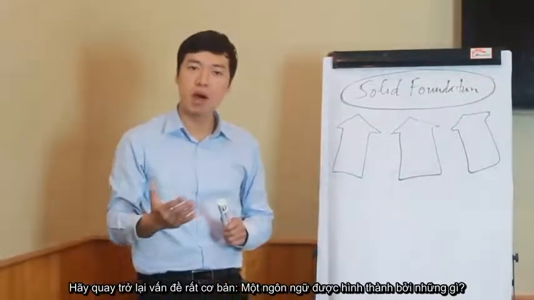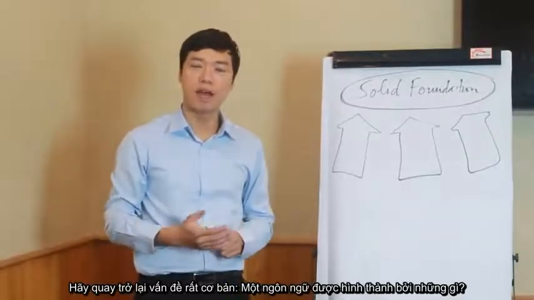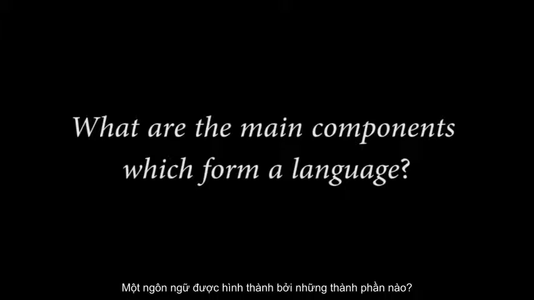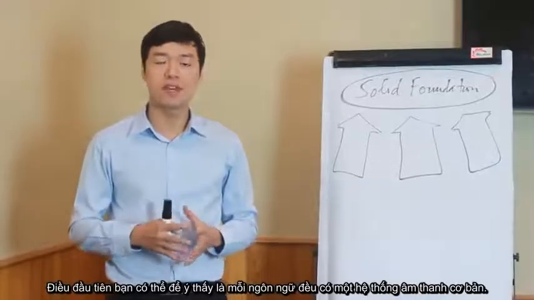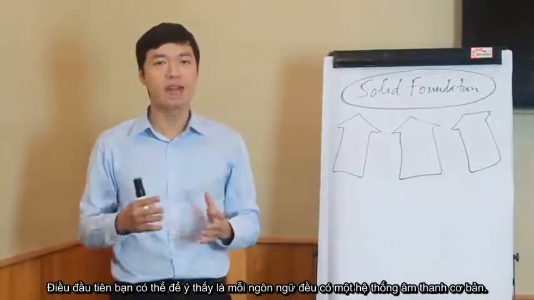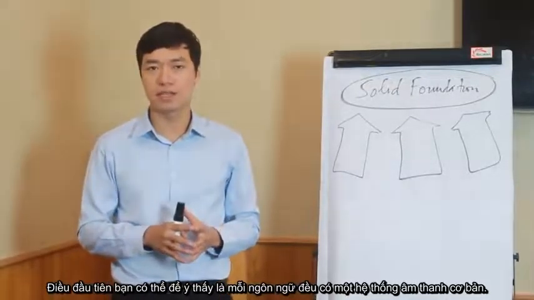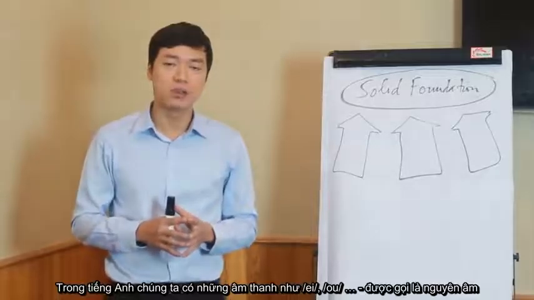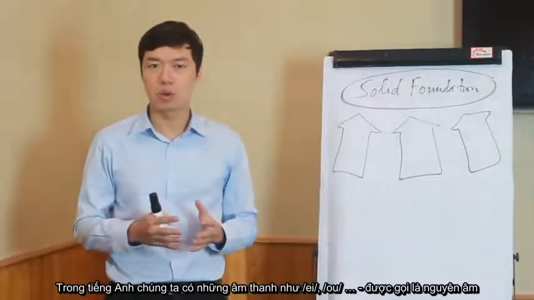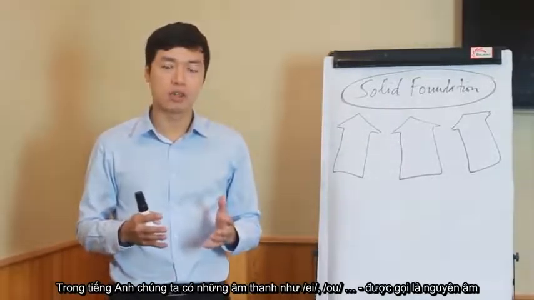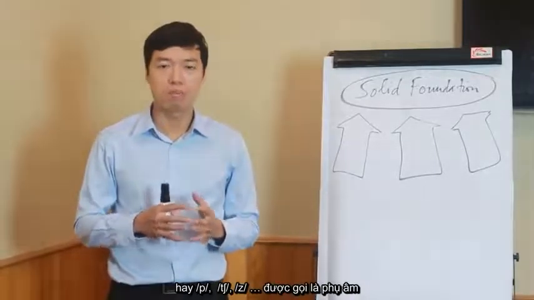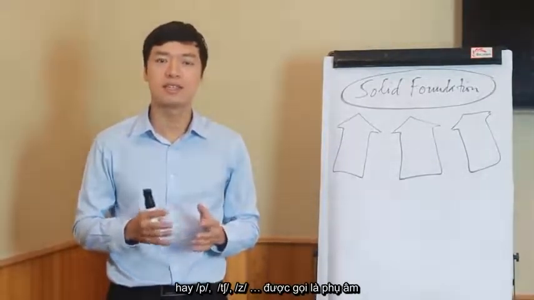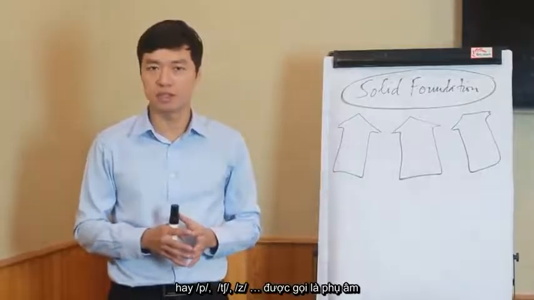What are the main components which form a language? The first thing you may notice is that every language has a set of basic sounds. In English, we have sounds like A or O, which are called vowels, or P or Ch, Z, which are called consonants.